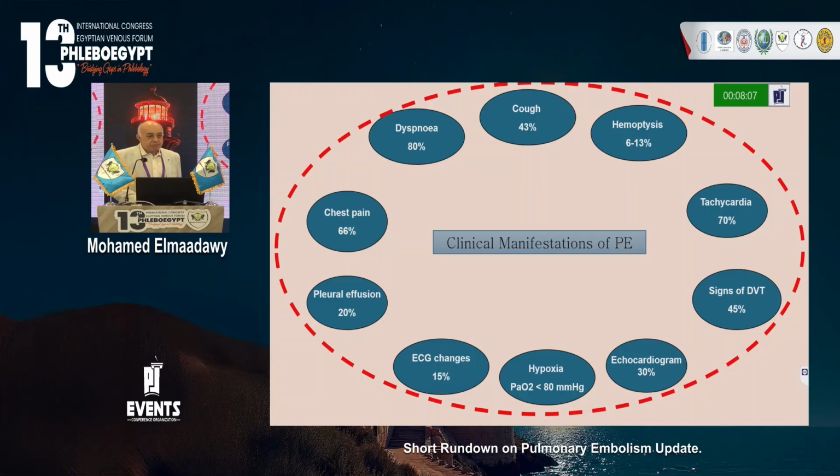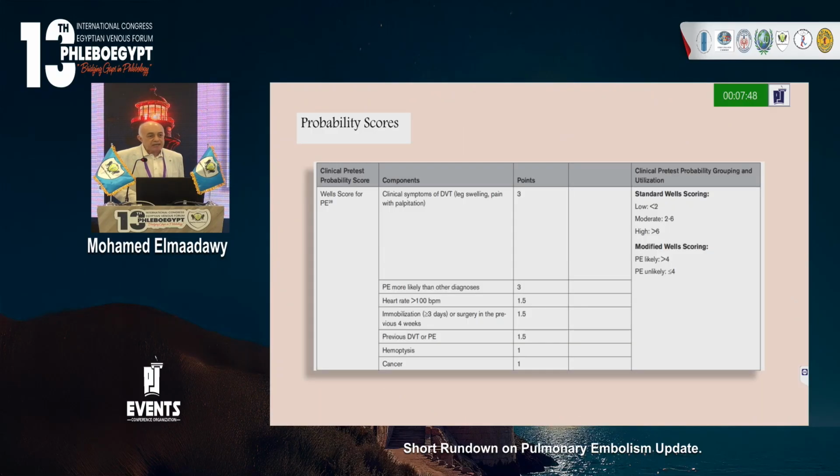I'm building up what's important from this. All of the presentations of the pulmonary embolism cases are lacking certainty about the diagnosis because the symptoms and signs are non-specific to the pulmonary embolism. Therefore, we have to apply one of the probability scores.